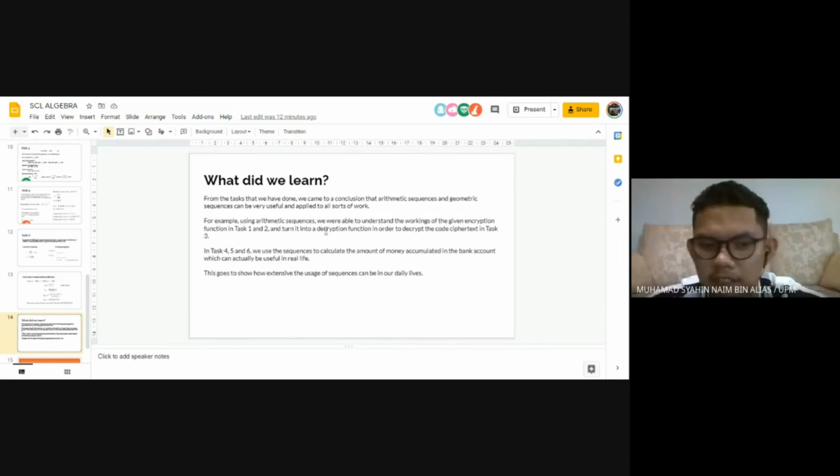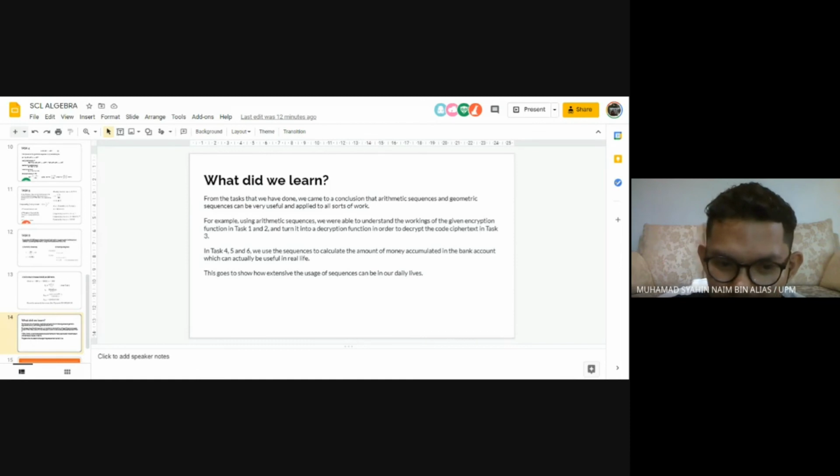So what did we learn from this SEL assignment? From the tasks that we have done, we came to the conclusion that arithmetic sequences and geometric sequences can be very useful and applied to all sorts of work. For example, using arithmetic sequences, we were able to understand the workings of the given encryption function in task 1 and also task 2, and turn it into a decryption function in order to decrypt the ciphertext in task 3.